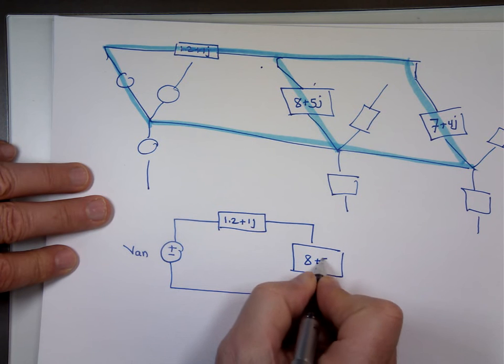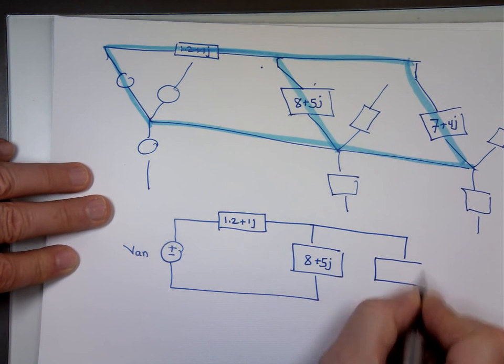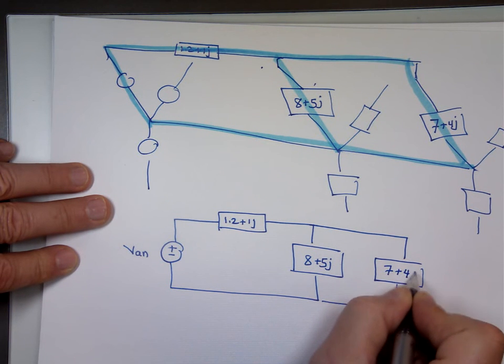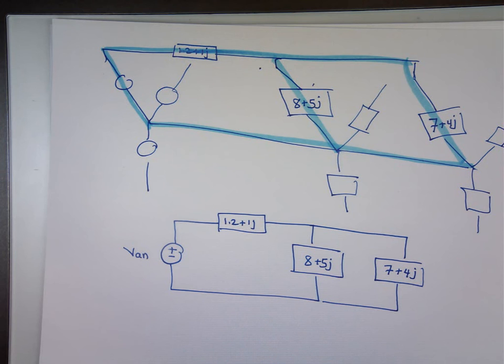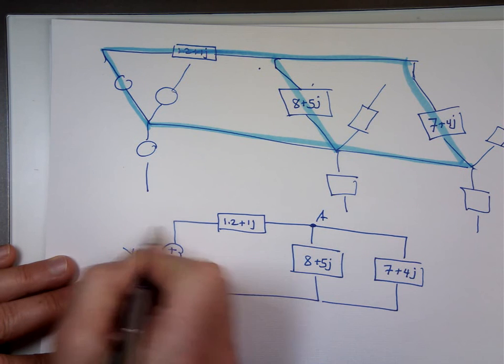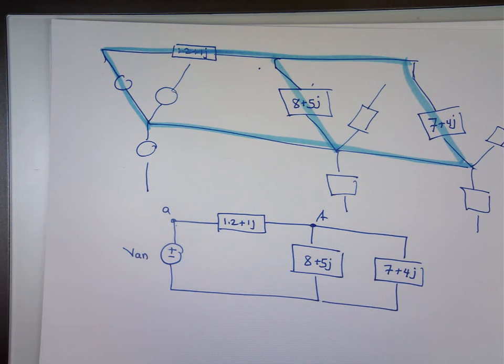If you want to combine these into one, go ahead. I forgot to tell you, what was the question? Finding what is A to N. Since I'm looking for this current going from here to there, if you want to combine these, product over the sum, be my guest. Doesn't change anything.